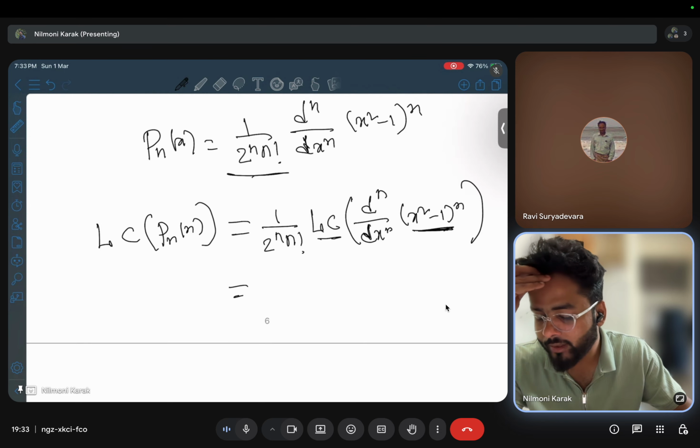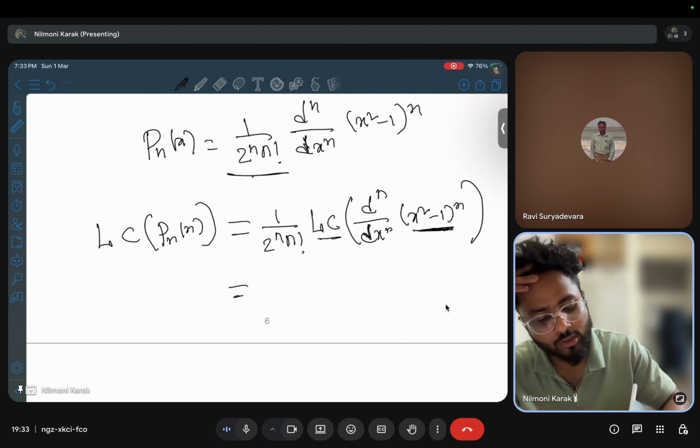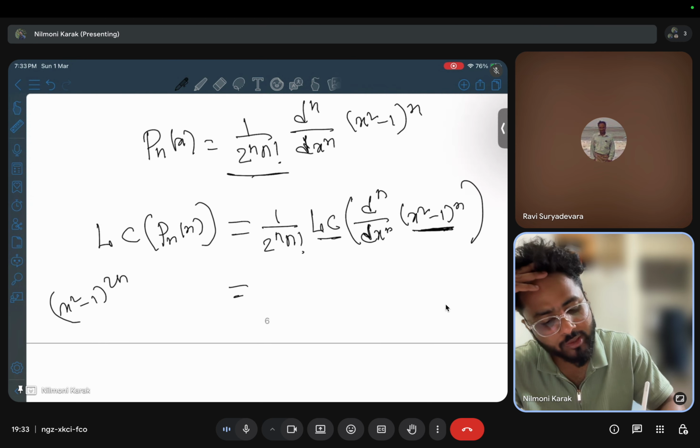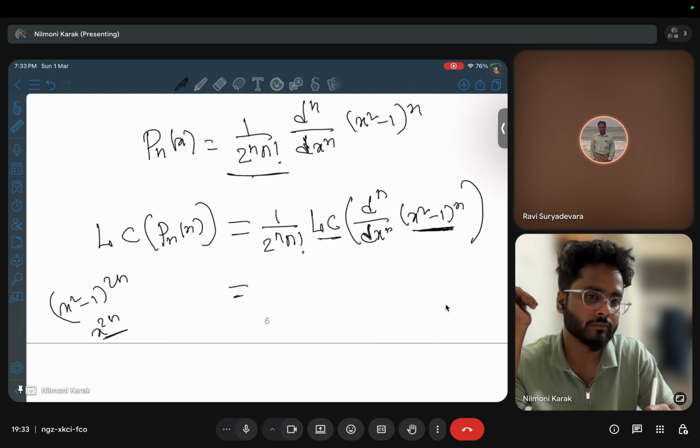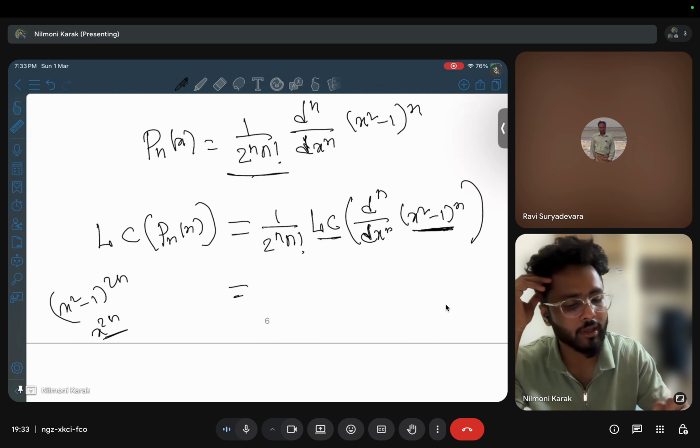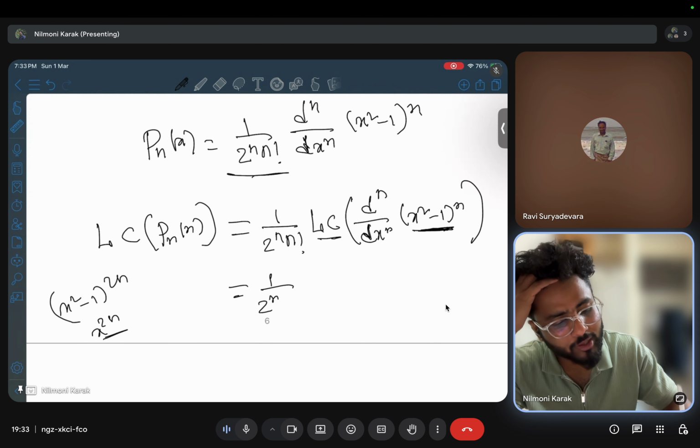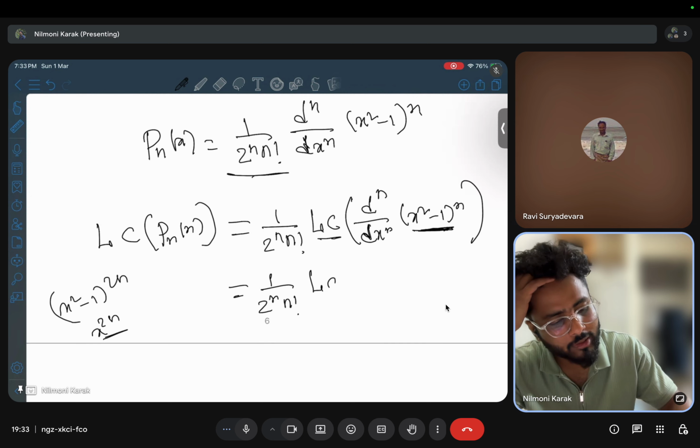See one thing: the leading coefficient of this polynomial (x square minus 1) to the power n and the leading coefficient of x to the power 2n are both the same, right? So just observe it. The leading coefficient of d^n/dx^n of x to the power 2n.